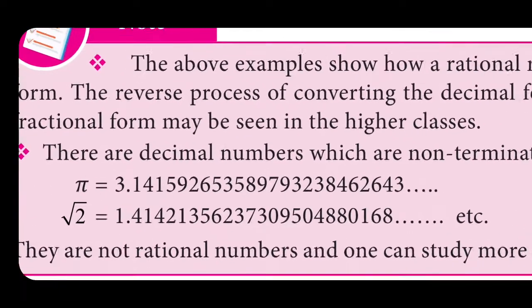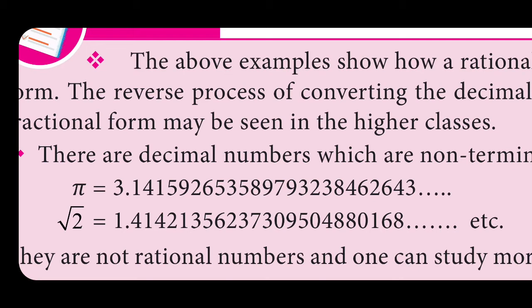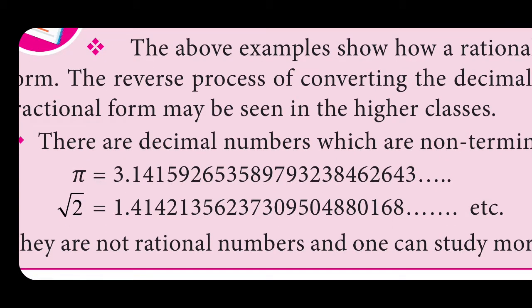Example, pi value is 3.14159265 etc. And root 2 equals 1.414213 etc. So these two values are irrational numbers, or not rational numbers. In 1 mark questions they ask which is not a rational number, the given pi value or root 2 value.